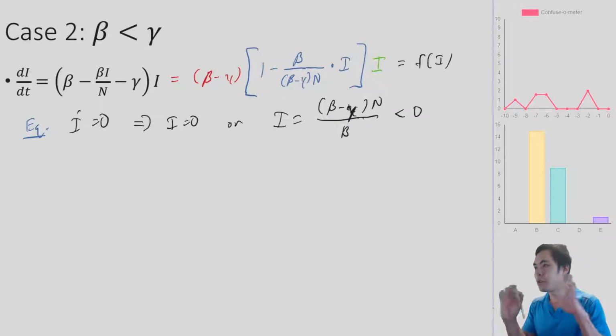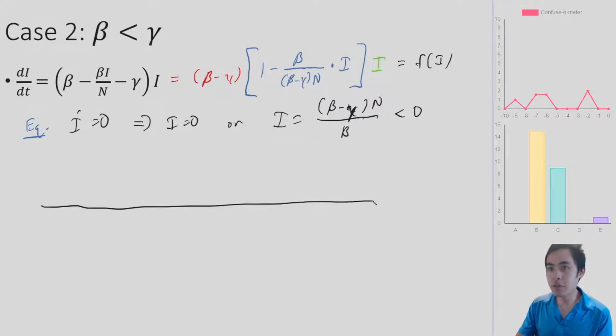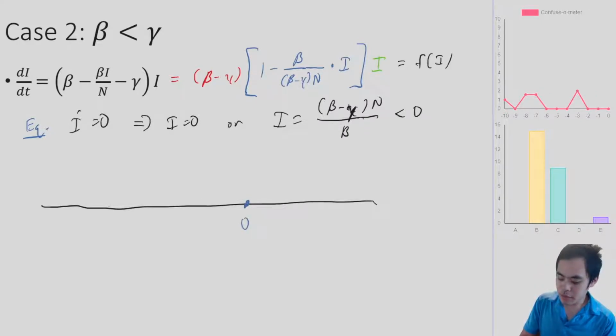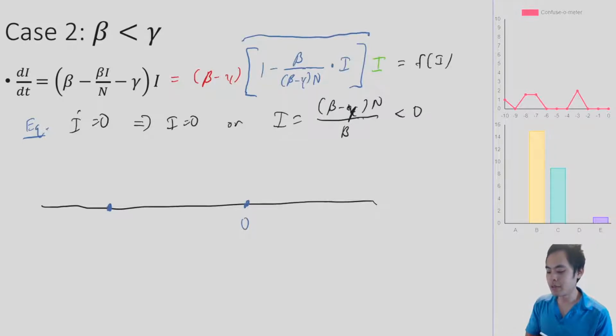Yeah, exactly. So in the real world, the previous model was good. But if you're in mathland, you have to be a little more careful. So how do we find the other I? The other I is from here. If you set that equal to 0, you find that I is equal to beta minus gamma n over beta.